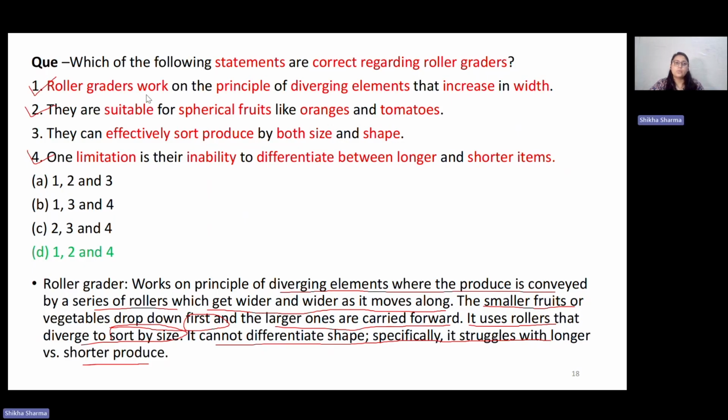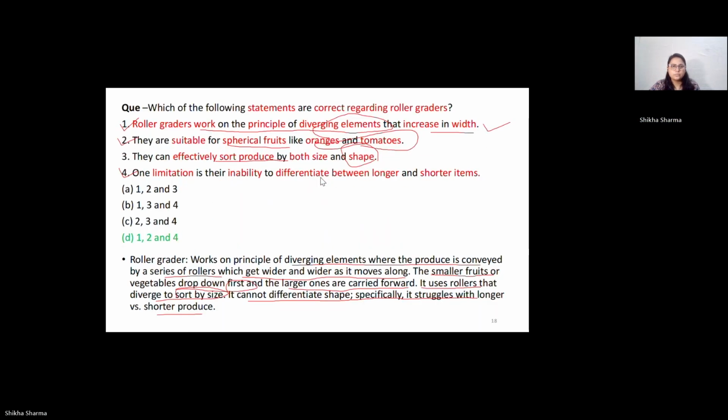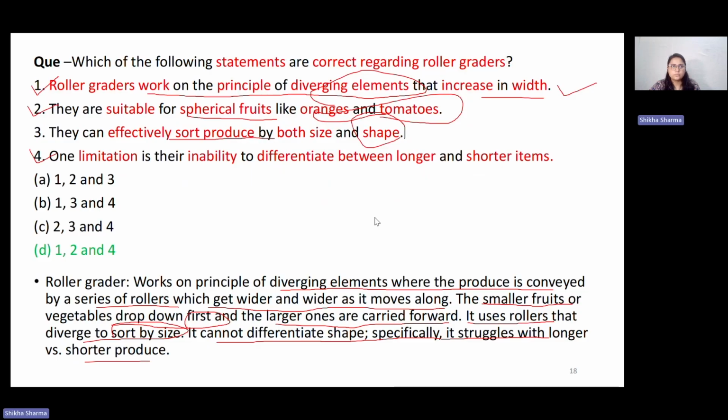The roller grader works on the principle of diverging elements that increase in width, which is correct. They are suitable for spherical fruits like oranges and tomatoes, which is also correct. That they can effectively sort produce by both size and shape is wrong, because it can only separate the smaller fruits from the larger fruits.